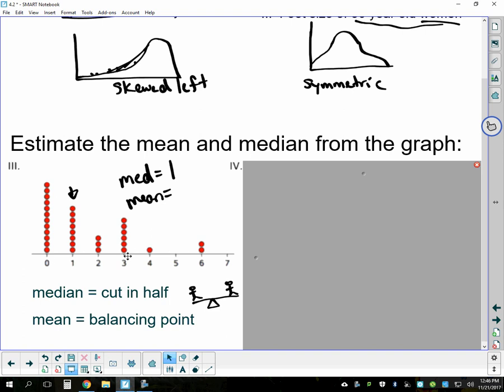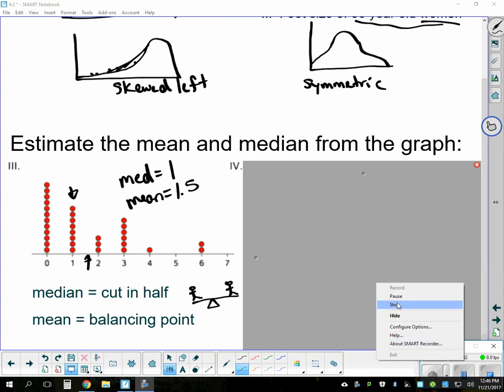No, because again, this side's heavier. If you put it where your median is, you've got too much on this side. So I think it needs to be around here, maybe like 1.5. And again, this is an estimate. It's not an exact answer. You could actually do the exact, but that's not what the question's asking us to do.